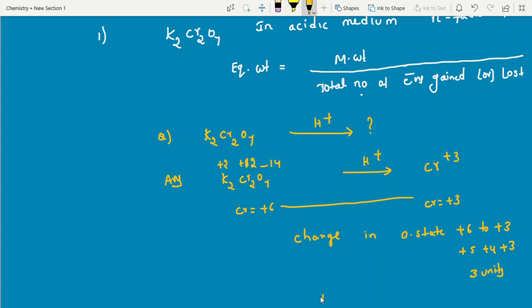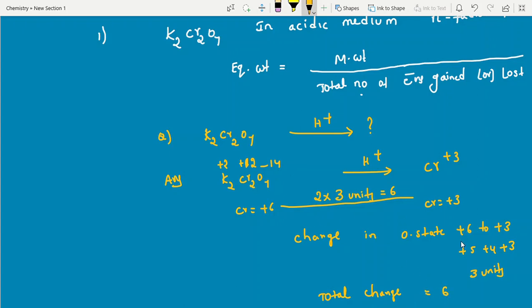Okay, total change. Here 3 units are changing, but for the total, how many chromiums are here? 2. Here 1. At least on one side there are 2, so you have to multiply with 2. 2 into 3, totally 6. Total change equal to 6 electrons.